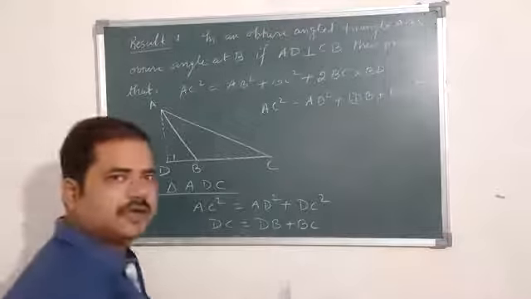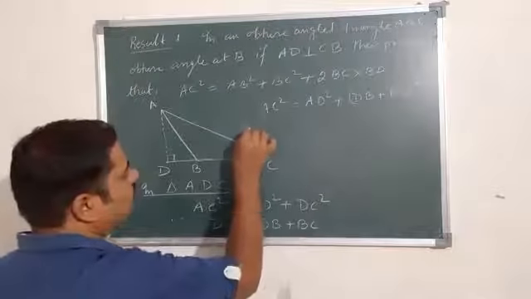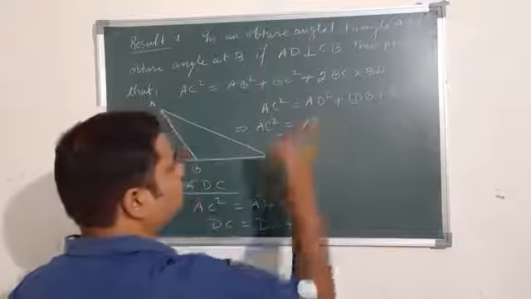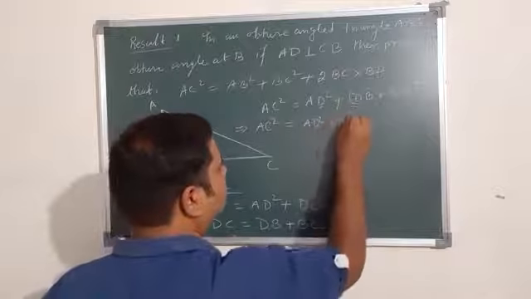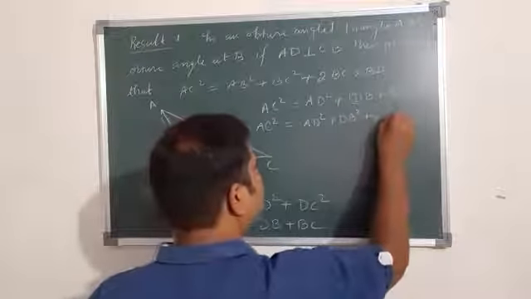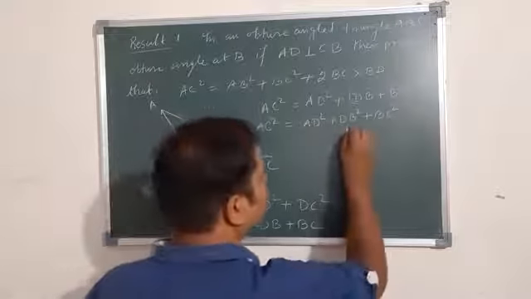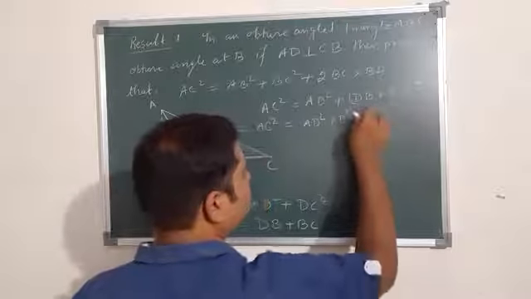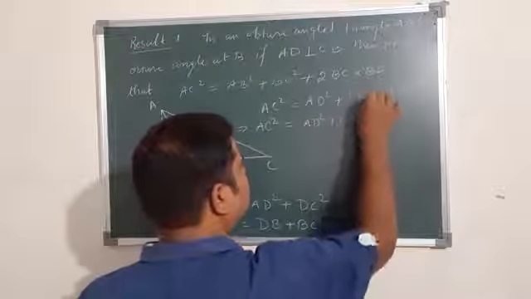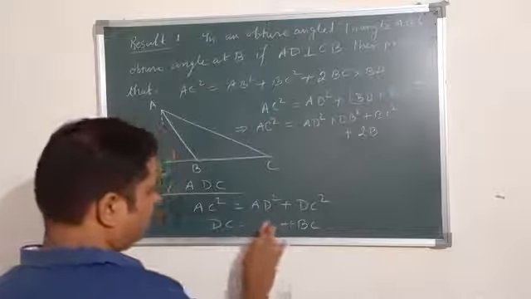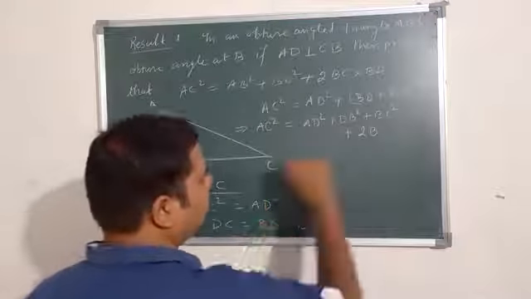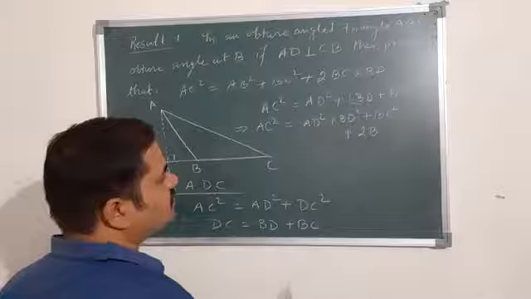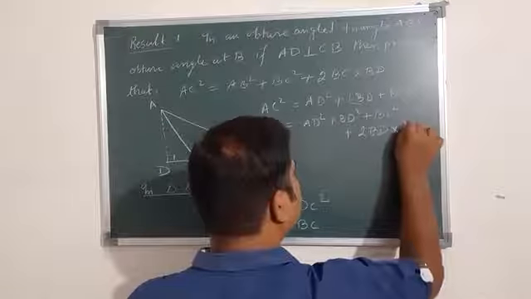After calculating, we get AC square is equal to AD square plus BD square plus BC square plus 2BD cross BC.